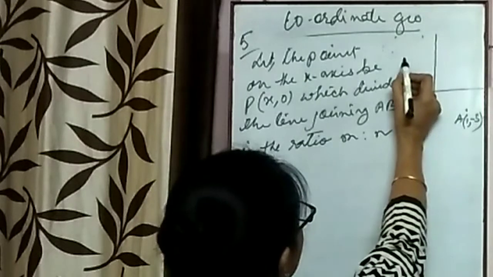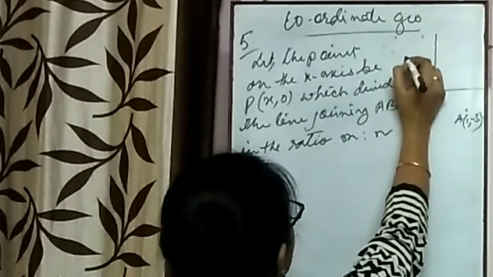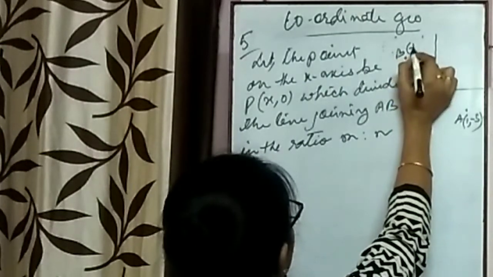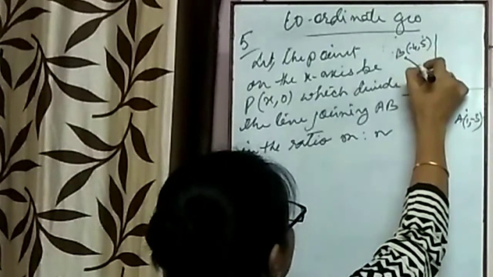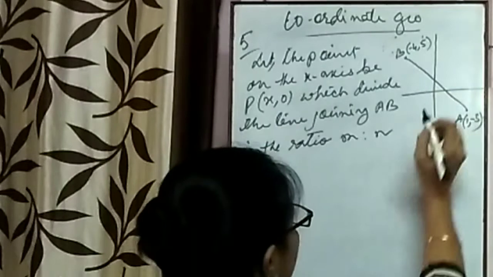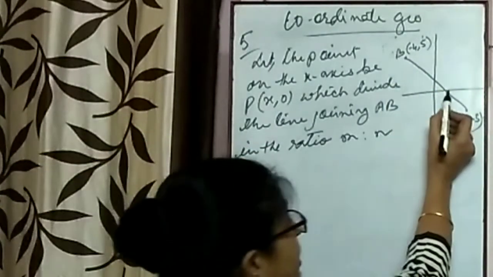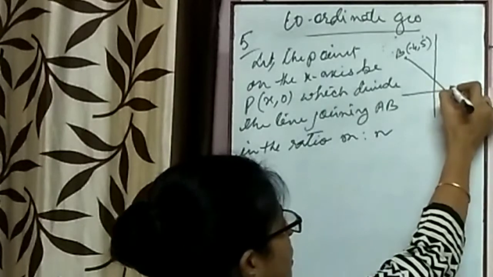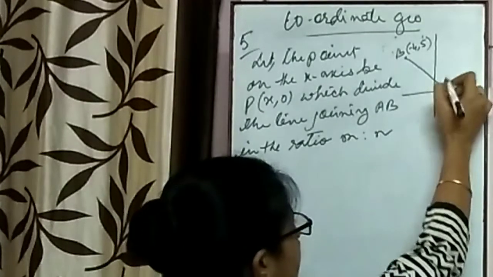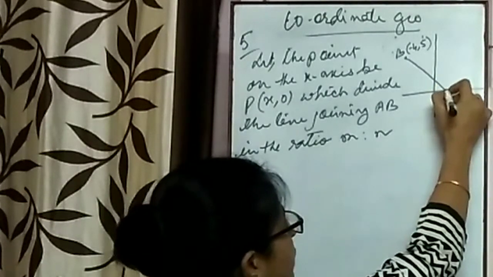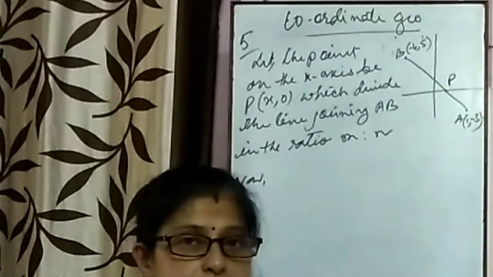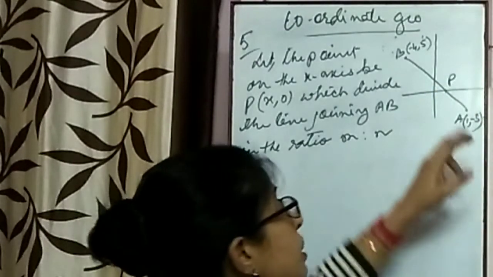Minus 4, 5 means maybe here. Now if you join up the line, it has cut at 2 points, one is x and y.